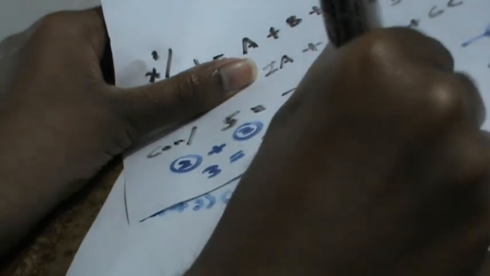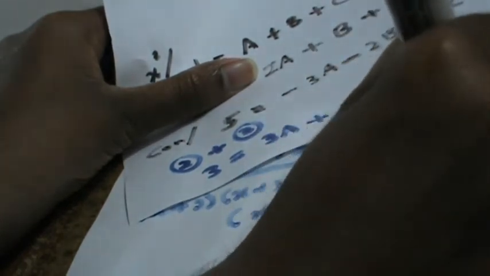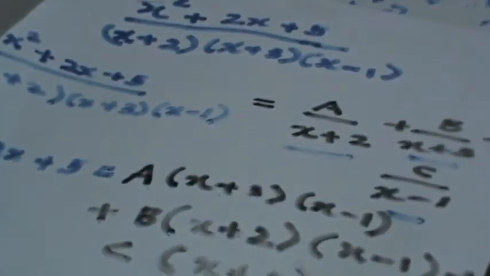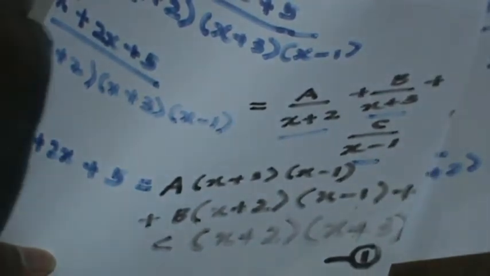So a is equal to minus 5 by 3. So that will be minus 5 over 3 times x plus 2, plus b divided by x plus 3. So b is equal to 2. So that will be 2 divided by x plus 3, plus c divided by x minus 1. So c is equal to 2 by 3. We found that. So that is equal to plus 2 divided by 3 times x minus 1. So this is the final answer that they are expecting as the partial fractions of this whole fraction.